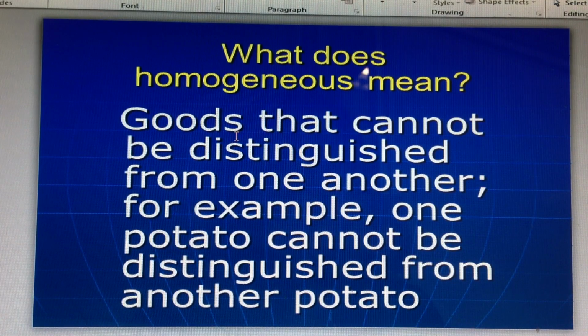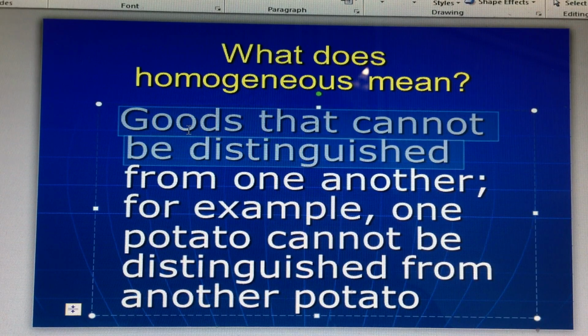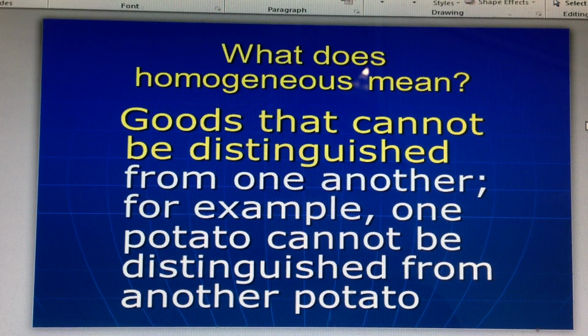Now, what does homogeneous mean? The goods cannot be distinguished from one another. When we talk about cannot be distinguished, what we are trying to say is that the customer will not have any preference. That means if inside one basket the potato is quite equally big, we will not prefer one basket to another.